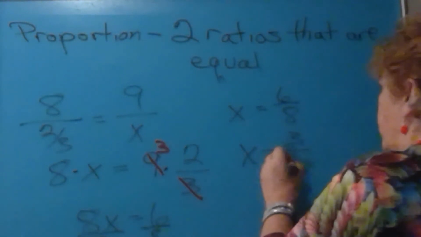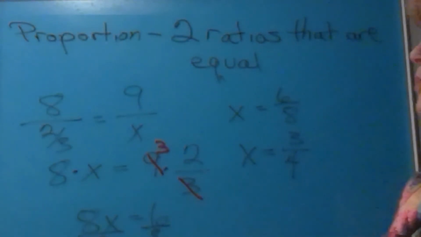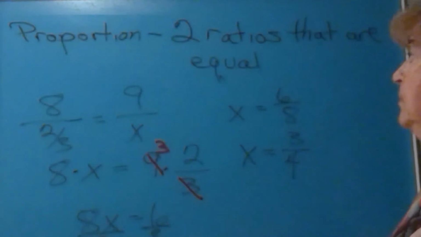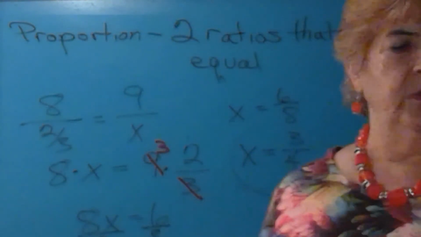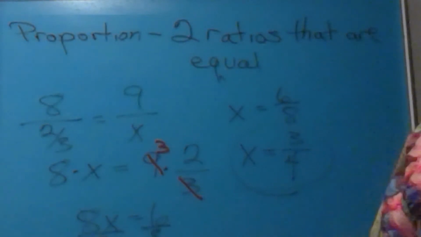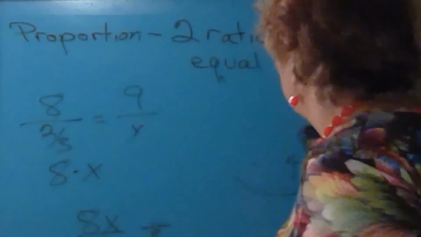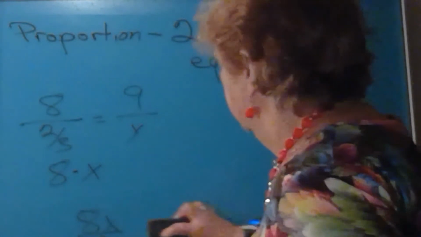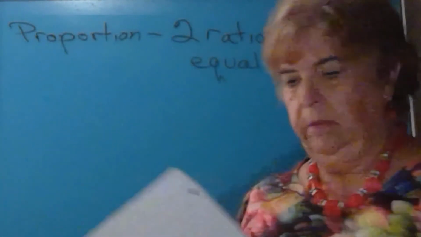It becomes 3/4 by dividing the numerator and denominator by 2. So that's all you have to do to solve a proportion. Let's look at another one.